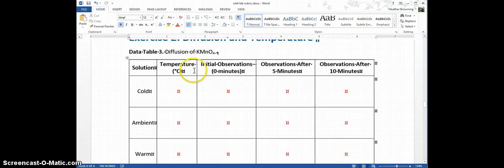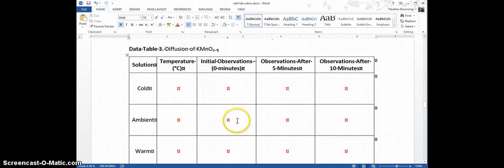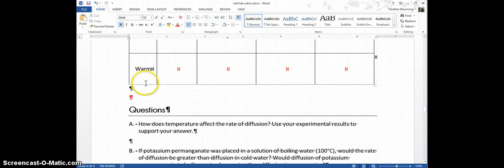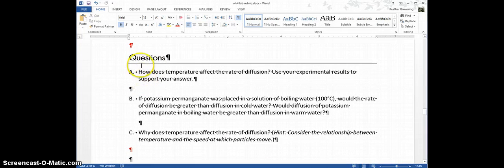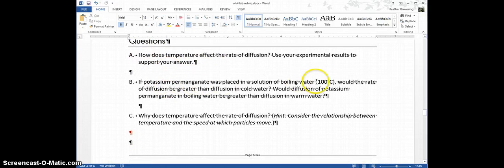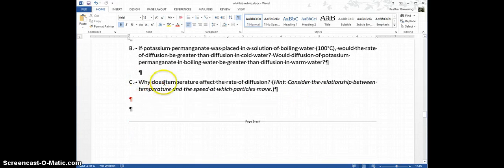Okay, then in exercise 2, we're going to have temperature, time, observations, right? So initial, in the middle, at the end. And then you're going to tell me how does temperature affect the rate of diffusion, the potassium, and so on. Would the rate of diffusion be greater in cold water or in hot, boiling water? And then how does temperature affect it?